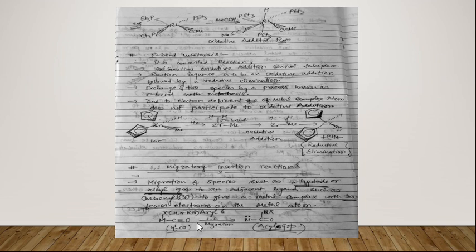So this is eta CO, because a single metal atom is attached to this carbon atom. So eta CO, for this species M-CO is called the eta CO. One migration.